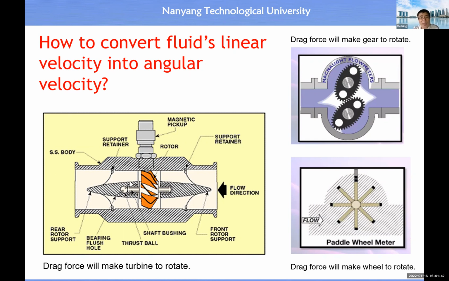When there's a flow and the turbine has a plate in this direction, then the flow will produce drag force acting on the plate. Then the plate will produce a rotating torque. Then this will rotate. If the plate is magnetized, right? So when it passes through this pickup sensor, you have a magnetic field and the intensity varies. Then in this way you will produce a pulse, all right?